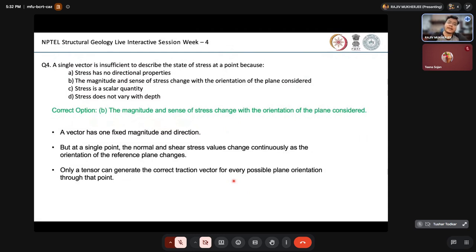So that is why, since we are considering an infinitesimally small volume, it generally follows the equilibrium condition because it is very small.